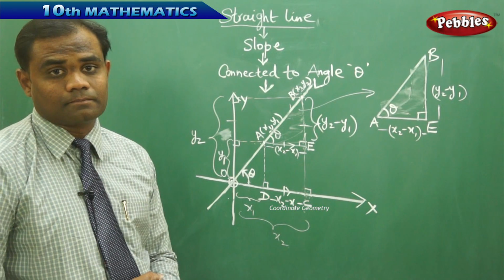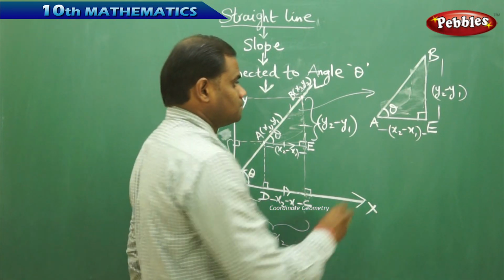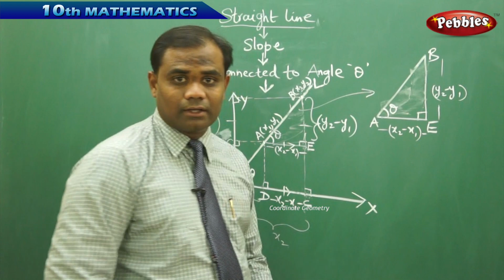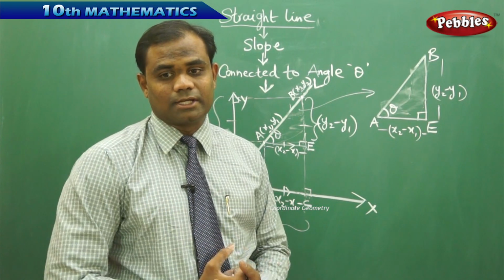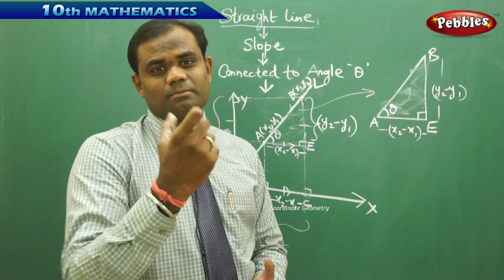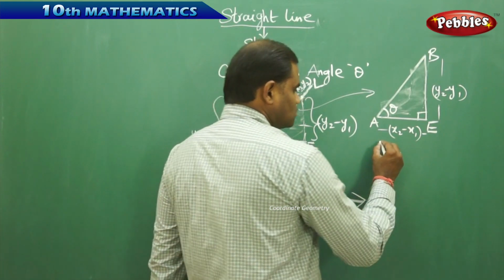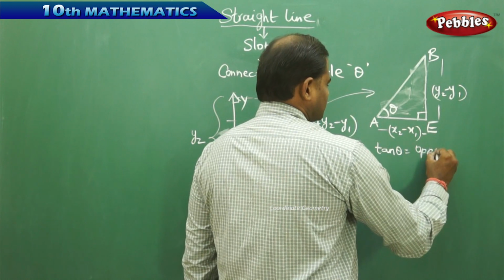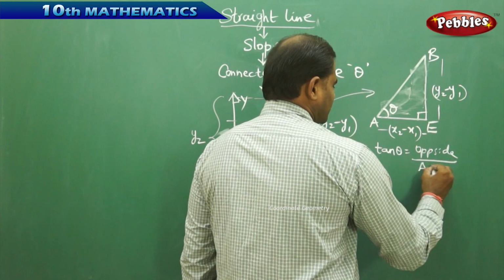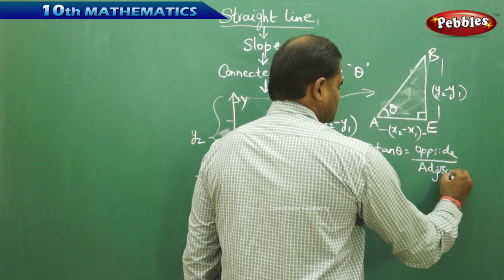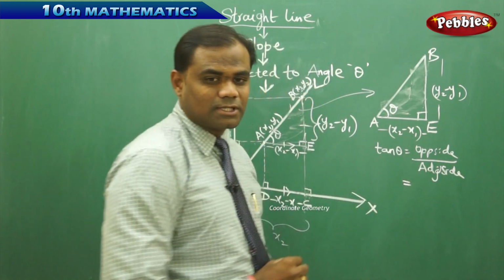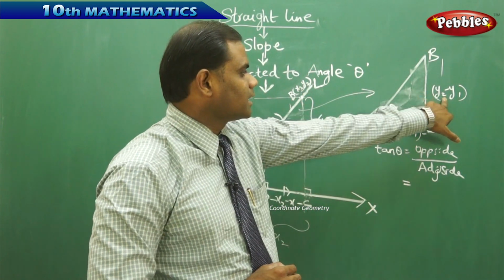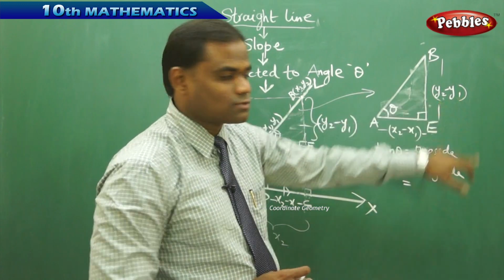Now from this, we know that in a right angle triangle, if we revisit the trigonometry concept, tan theta is opposite by adjacent. Therefore, using tan theta, I get tan theta is opposite side by adjacent side. My opposite side to angle theta is exactly EB, which is y2 minus y1.